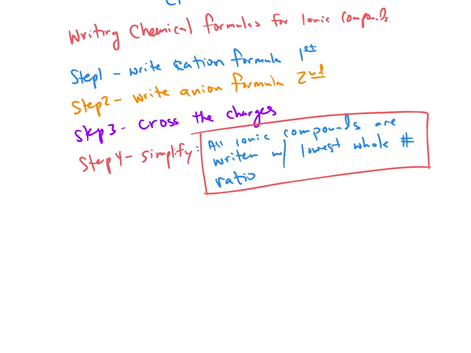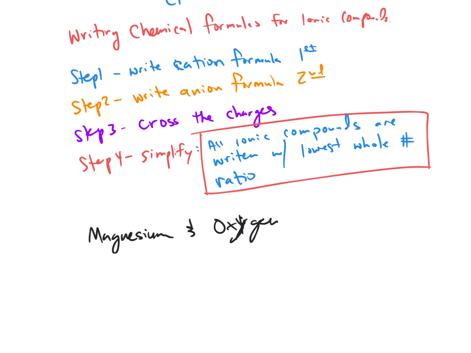Okay, so let's do some. If we have an example, a compound with magnesium and oxygen. Okay, first step is write the cation formula first.